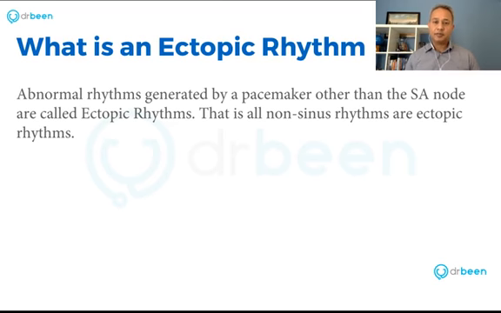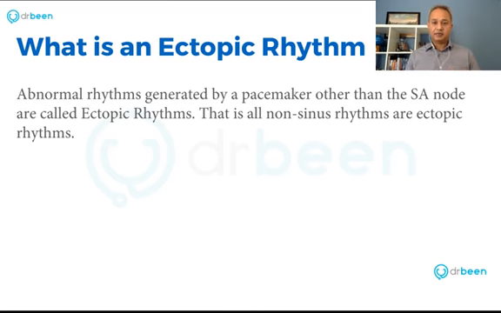What is an ectopic rhythm? An ectopic rhythm is a rhythm that is generated by something other than the SA node. In normal situations, the SA node is the one that generates impulses which traverse through the heart and create a heartbeat.